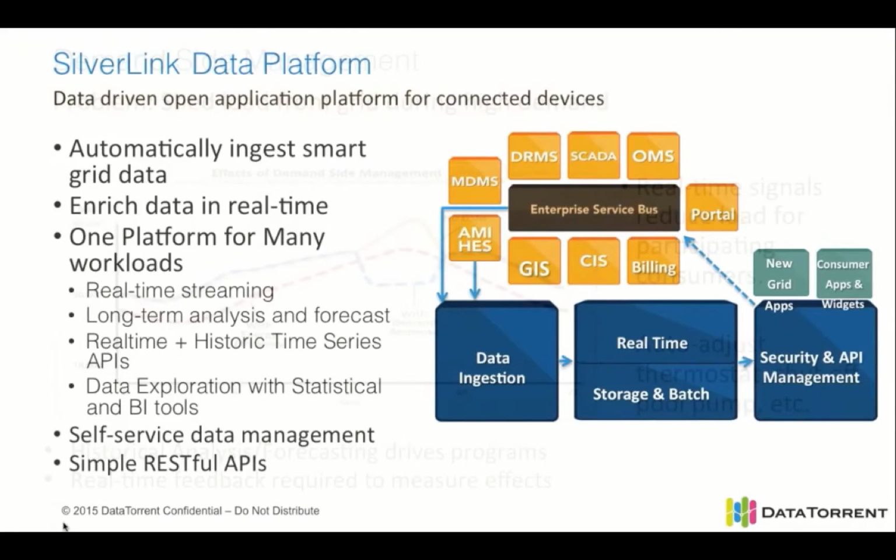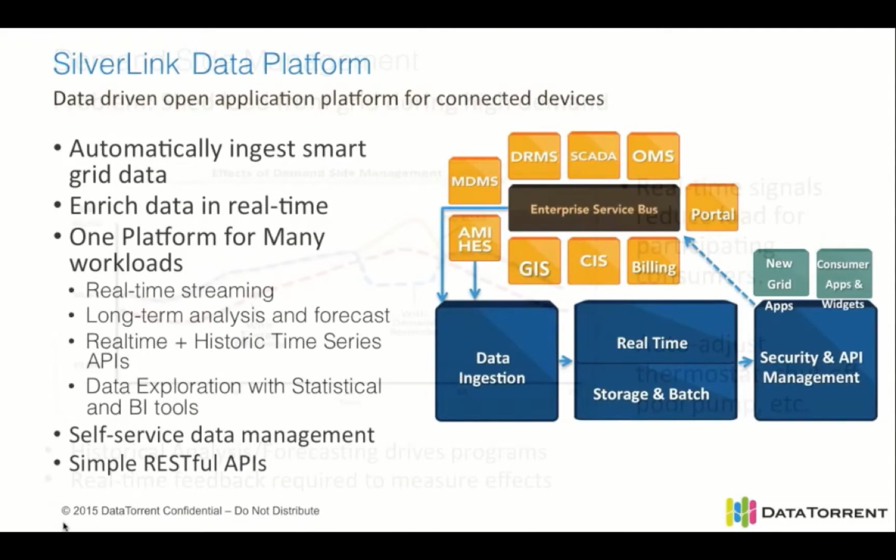Those include things like long-term analysis and forecasting, real-time and historic time series data, and also relational data that can be attached to BI tools so that operators can explore their data and discover new insights that maybe they weren't aware of before.